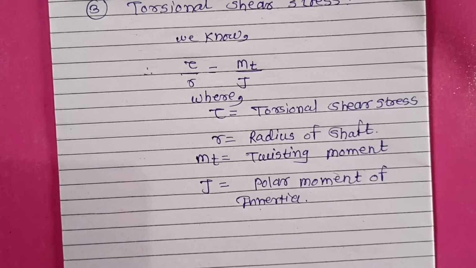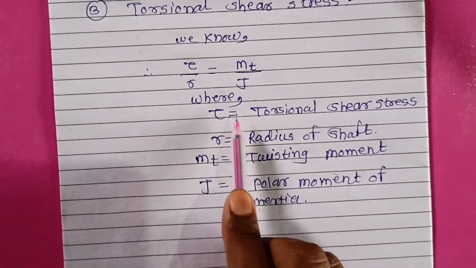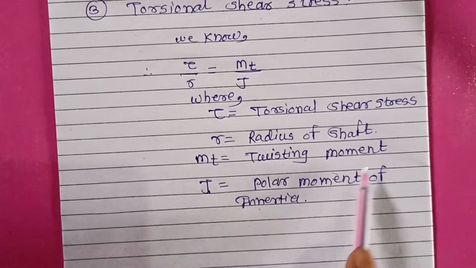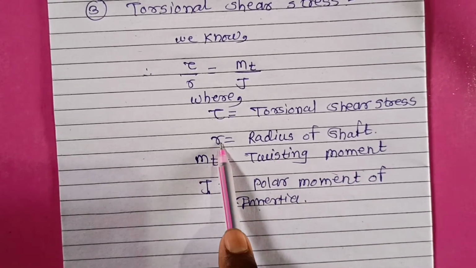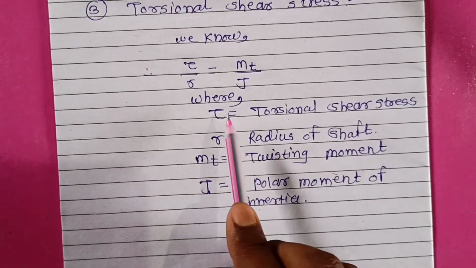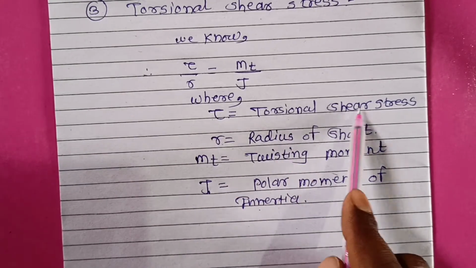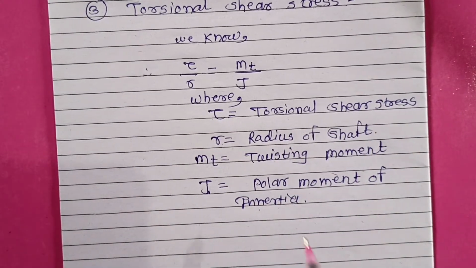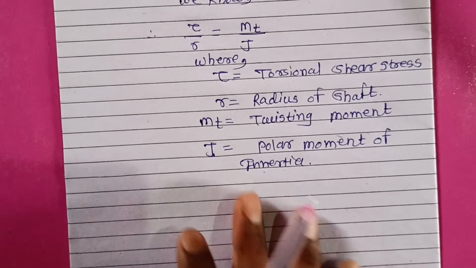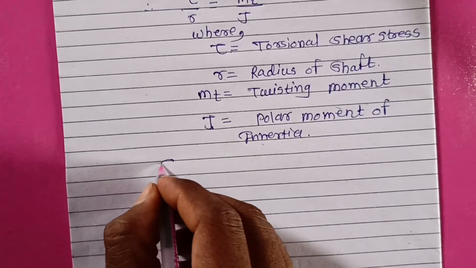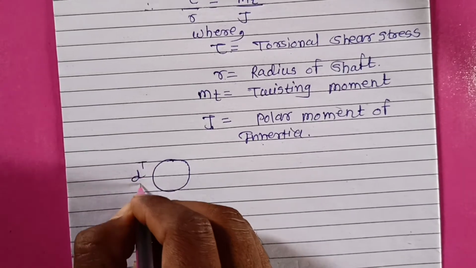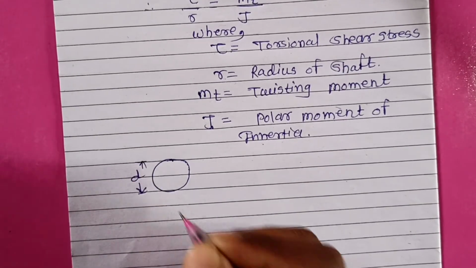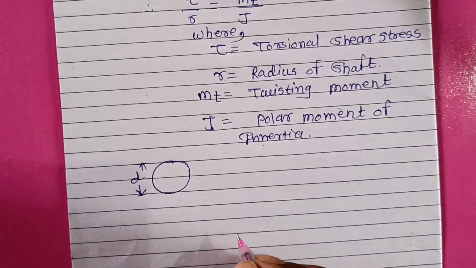Now see here, J is the polar moment of inertia, Mt is the twisting moment, r is the radius of the shaft, and tau is the torsional shear stress. Now once again I am taking one circular shaft having diameter d.